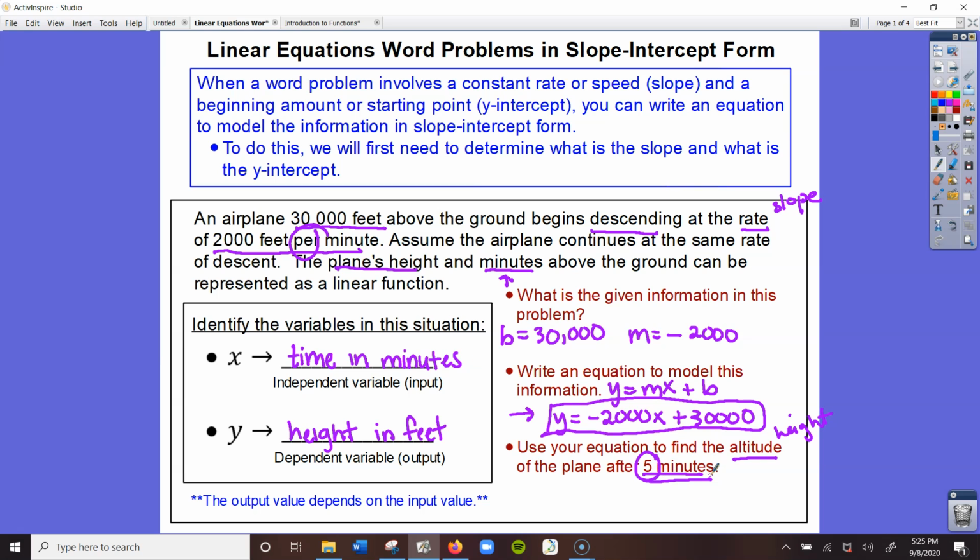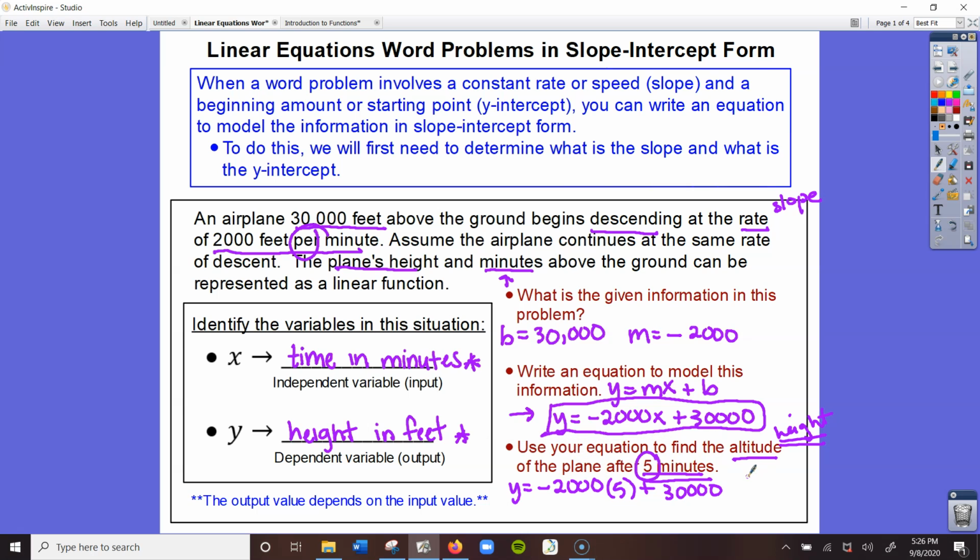Notice that the 5 is minutes. From looking at the x and the y values, we see that x represents minutes. So I'm going to plug in x is equal to 5 and solve for y, which will give me the height of the plane, which is what I'm looking for. So we would have y is equal to negative 2,000 times 5 plus 30,000.